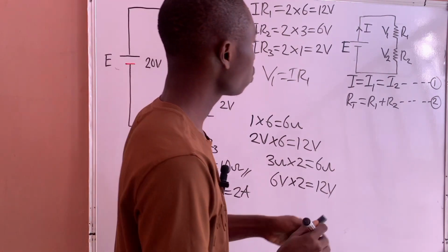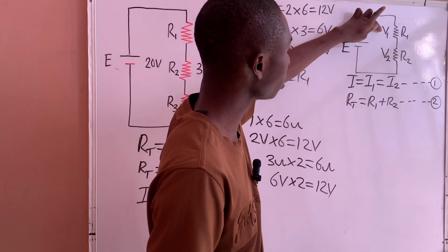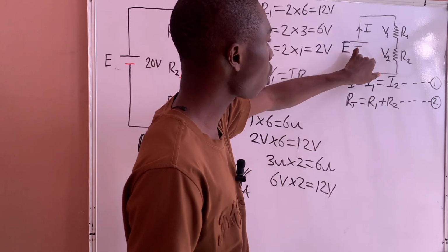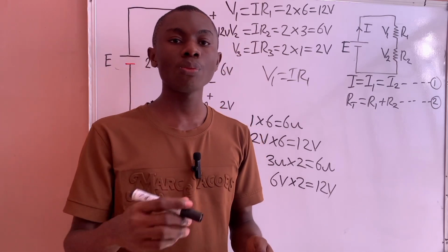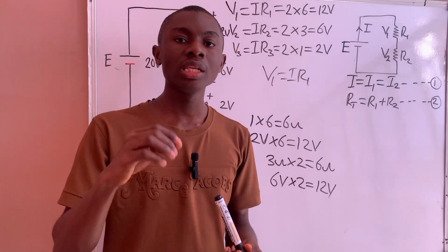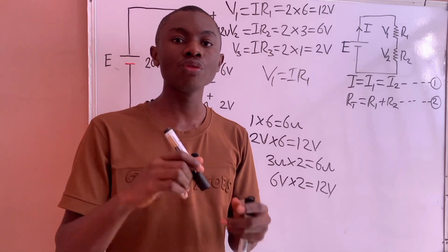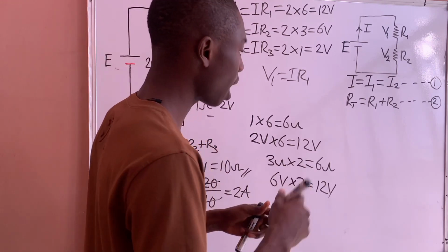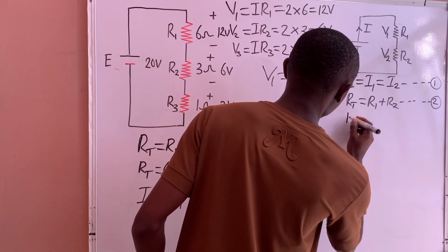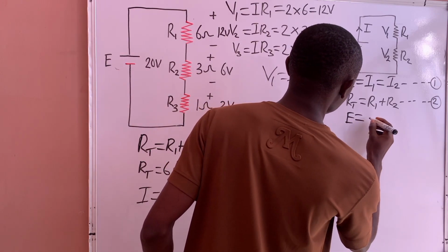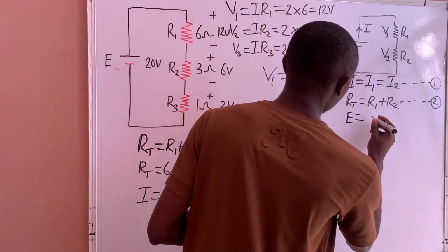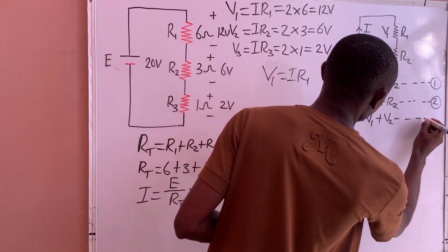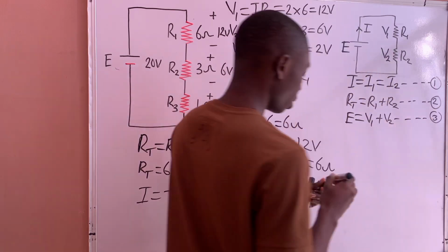The voltage dropped across R1 is different from the voltage dropped across R2, because voltage drop depends on the resistance of the individual resistor. Therefore, E, the supply voltage, equals the sum of the individual voltage drops, V1 plus V2. We call this equation 3.